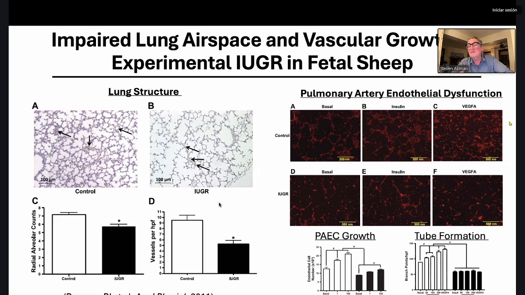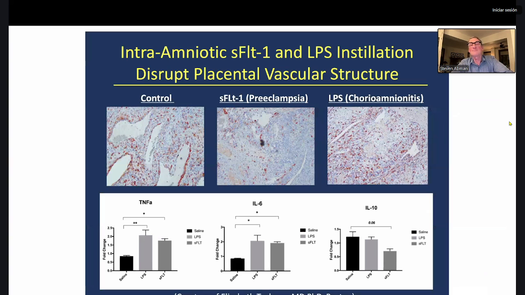And of course, we're all interested because IUGR has been such a striking signal for worse perinatal outcomes, more long-term lung function, mechanic dysfunction during infancy and childhood. And it's also associated with striking pulmonary vascular disease. In vitro, these endothelial cells don't grow very well, and they don't form tubes very well.